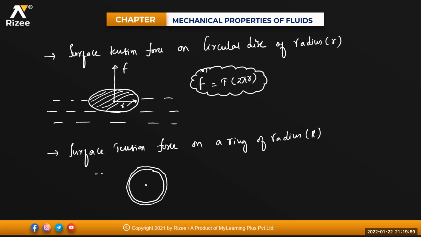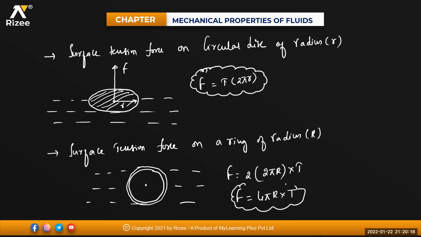So for this one, F will be equal to 2 into its length, which is 2 pi into capital R, into surface tension T. So F will be equal to 4 pi R into capital T.